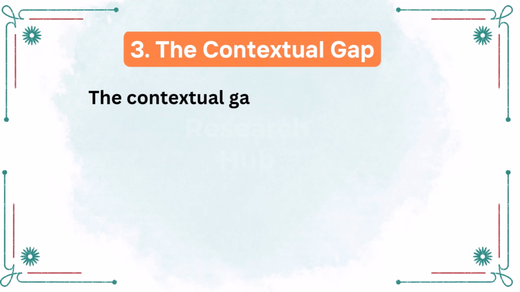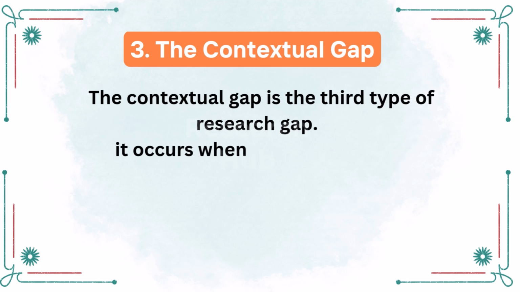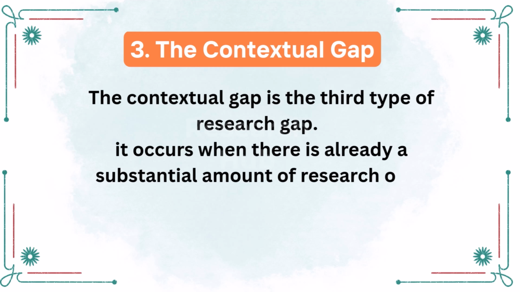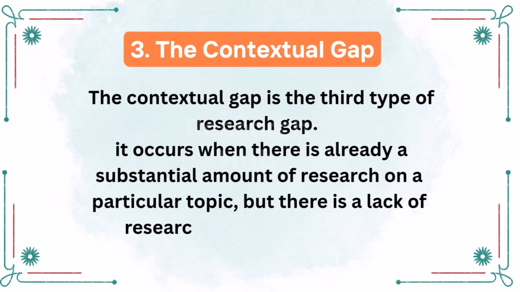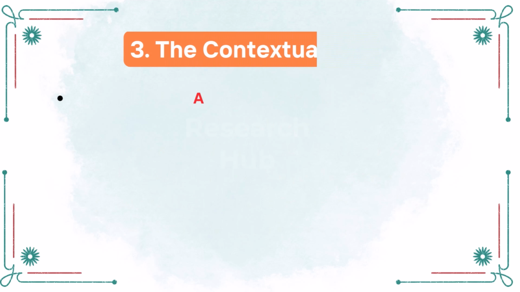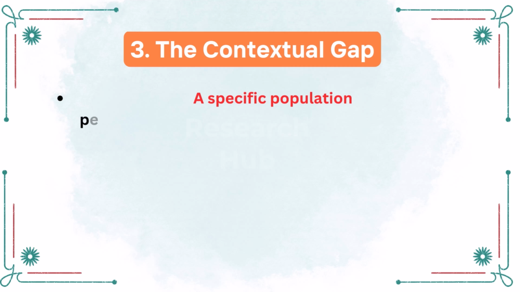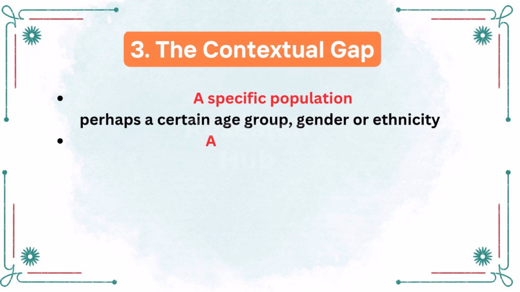3. The contextual gap. The third type of research gap is the contextual gap. Simply put, a contextual gap exists when there's already a decent body of existing research on a particular topic, but an absence of research in specific contexts. For example, there could be a lack of research on a specific population, perhaps a certain age group, gender, or ethnicity.